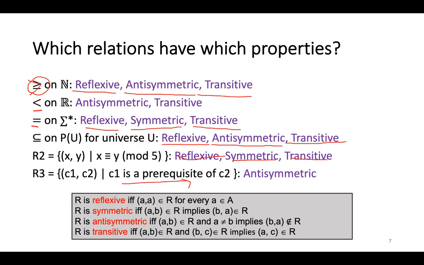The subset is similar to the greater than or equal. And for the modular congruence, this one also has reflexive, because if you have the same number, it has the same remainder. And symmetric is available. This is like the equal sign, and transitive is also available.